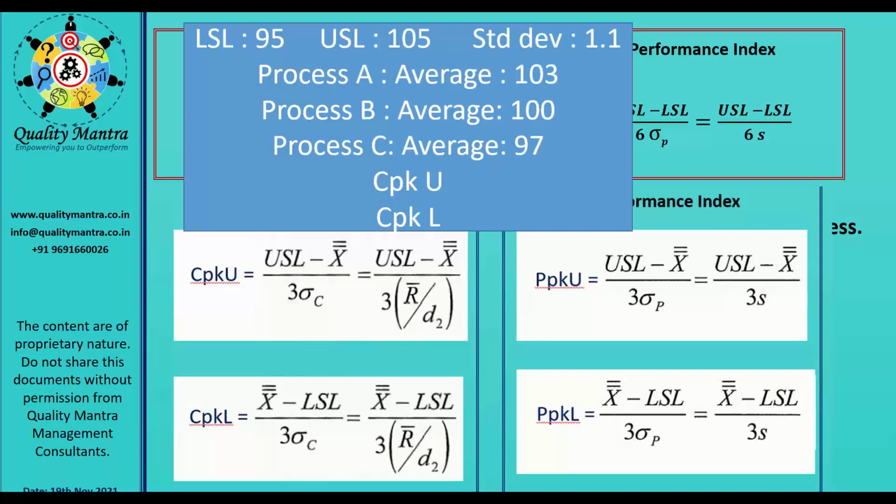So calculate it quickly, CPKU and CPKL. Then we will go to the Excel sheet, and for the IMR chart we will try to find out, because we have the data there. Based on that, we will find out CPKU, CPK and also PPK. Let us go there and calculate. But before that, please calculate it with this formula.